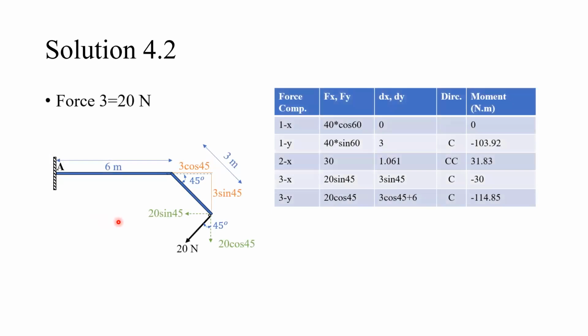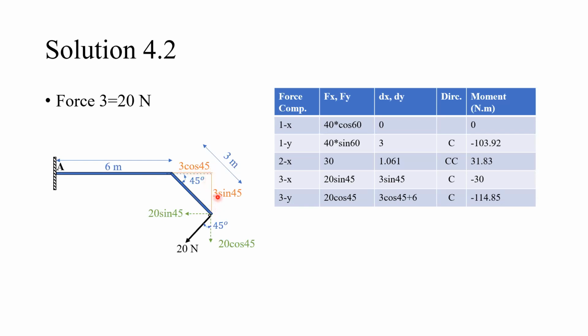For the last force, we separate the x and y components in here. Also, to determine the perpendicular distances, I used this triangle. And by computing those distances, we can easily get the dx and dy values. The x value is equal to 6 times 3 times cosine 45.